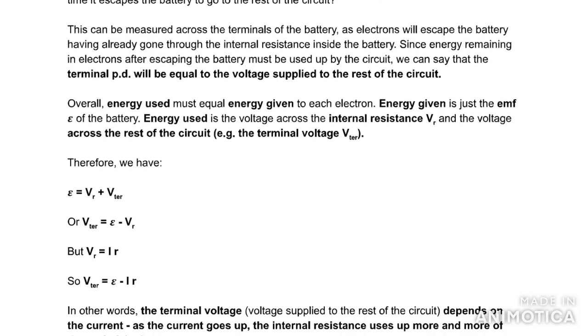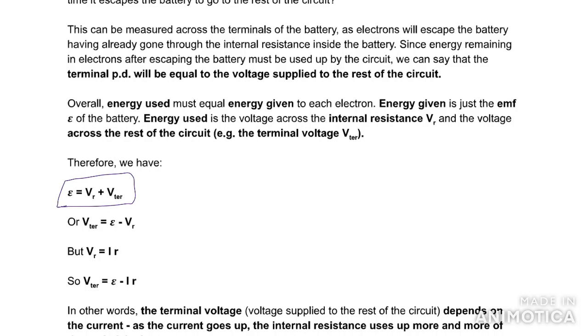So we can say that the energy used must be equal to the energy given to each electron. The energy given is just the EMF of the battery, E. And the energy used is the voltage across the internal resistance, VR, and the voltage across the rest of the circuit, the terminal voltage, V-term. So this equation is just conservation of energy.